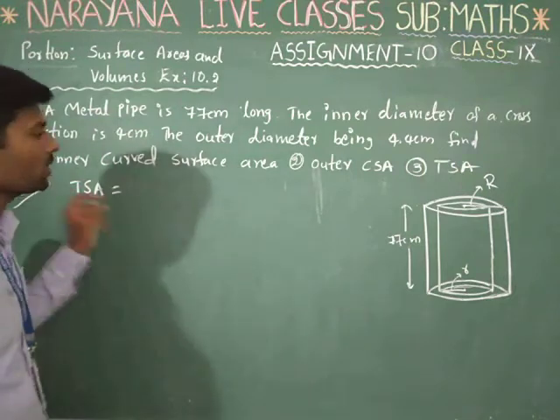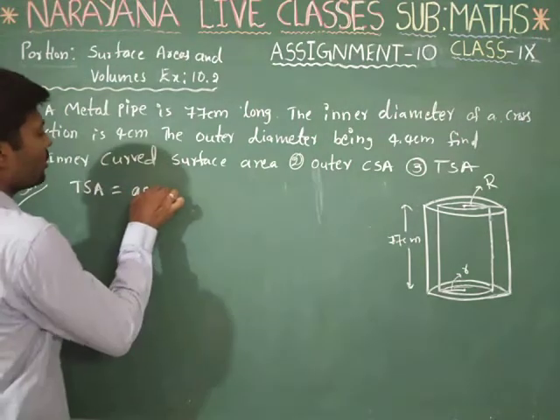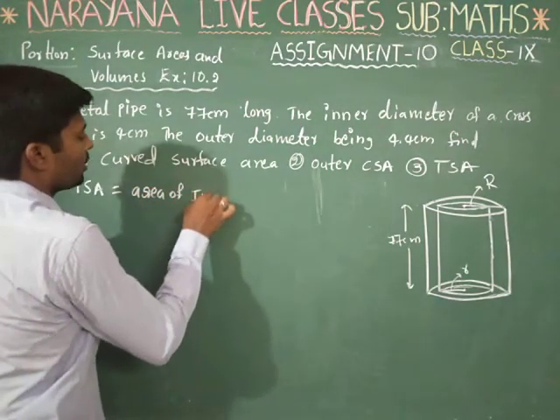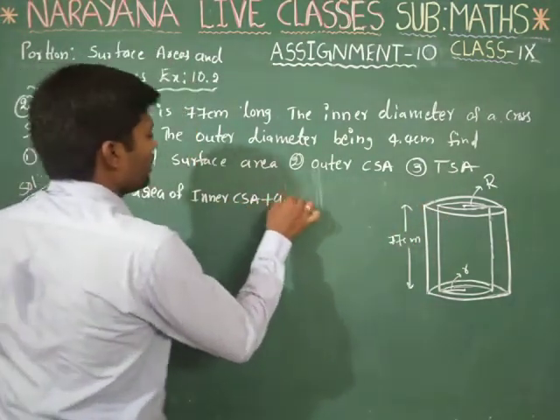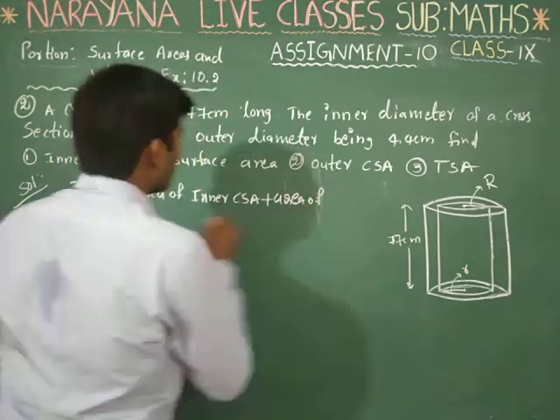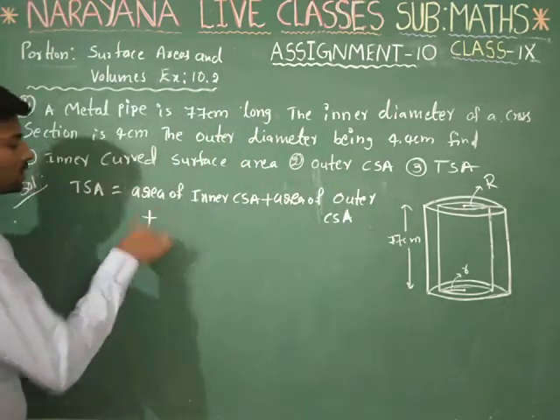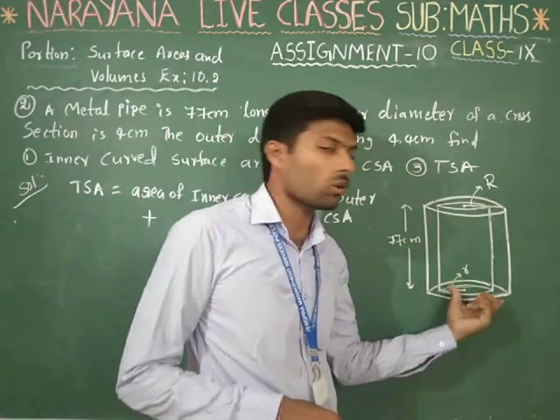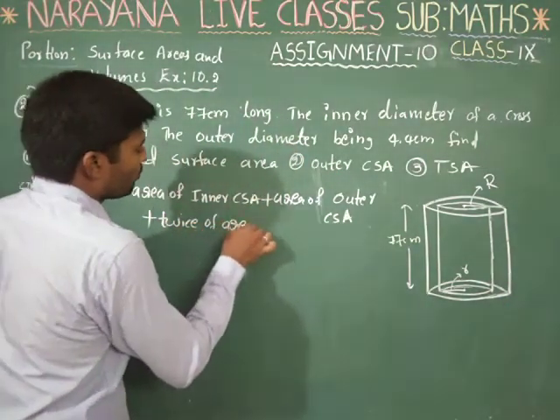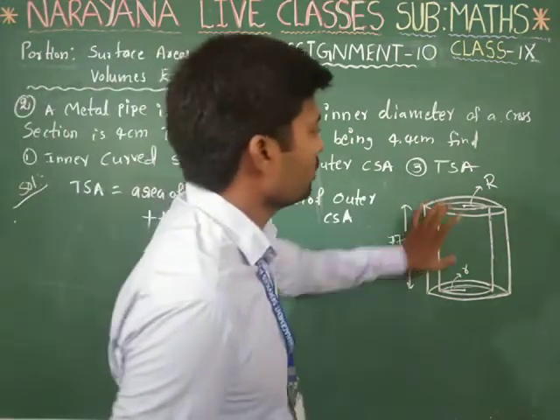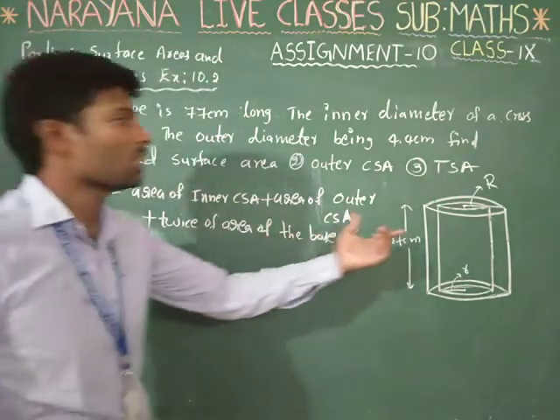In order to find the total surface area of the cylinder, it is the area of inner CSA plus the area of outer curved surface area plus, since there is a top and bottom, twice the area of the base, so we take 2 times the base of the cylinder.